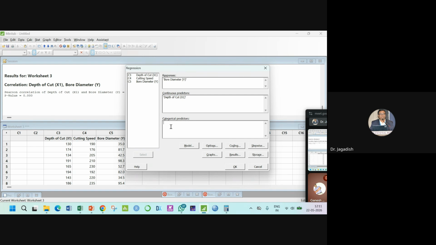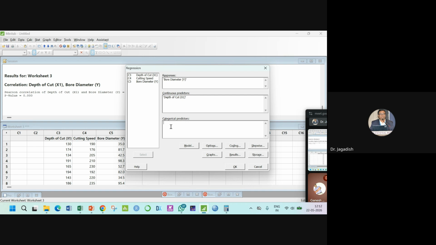But if your y itself is categorical, and x may be either categorical or continuous, you should use logistic regression only. I repeat again, if your y is categorical, meaning quality: good quality, bad quality, good, bad, output is categorical, irrespective of whether the input is categorical or continuous, we can use logistic regression.